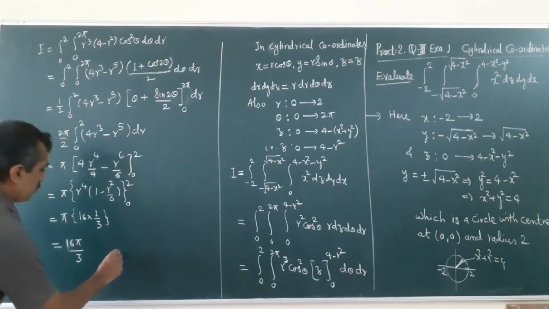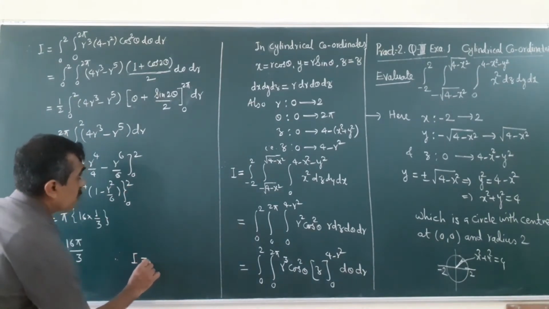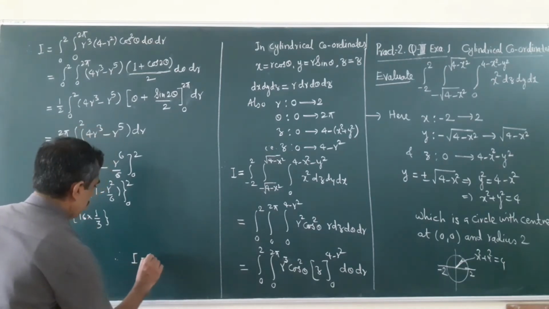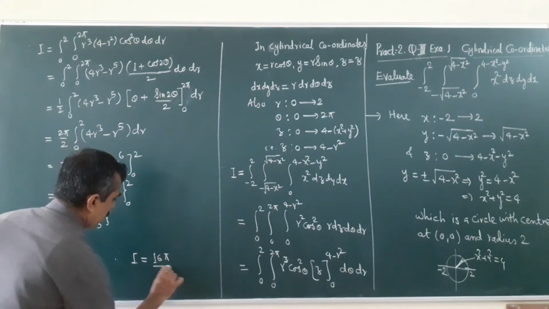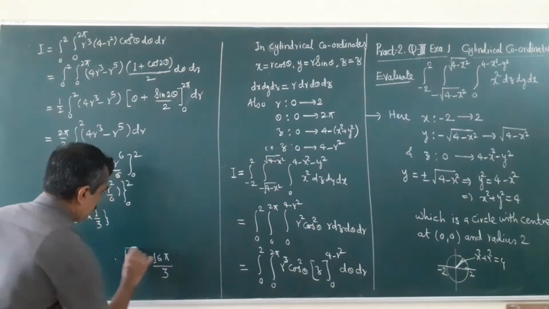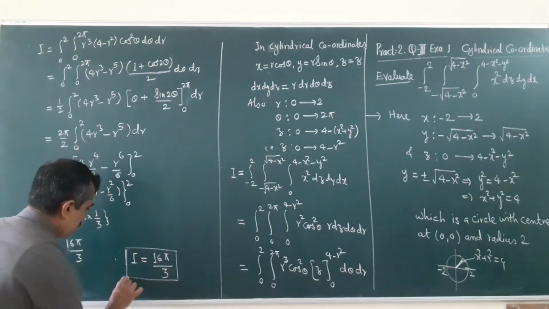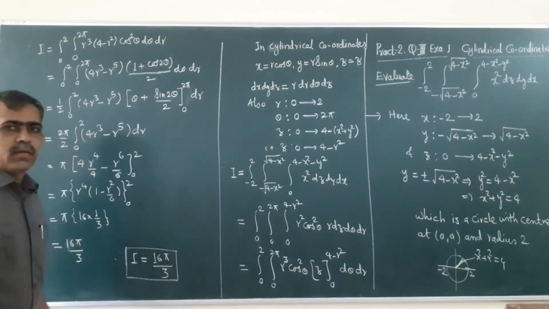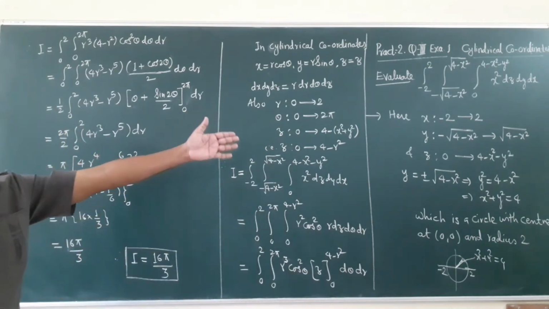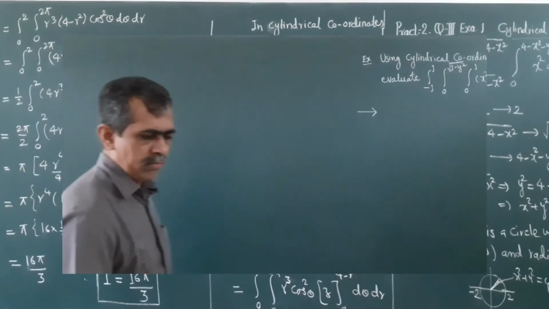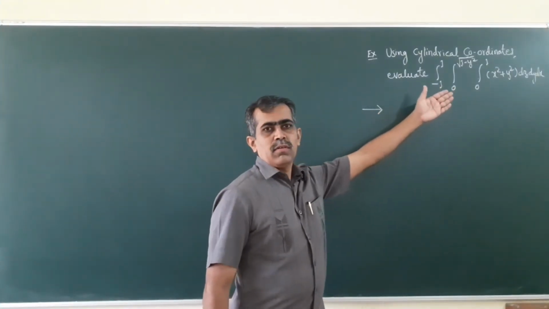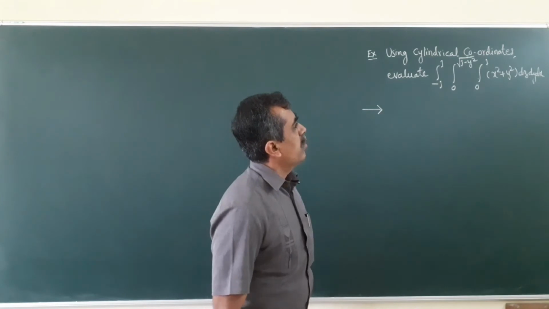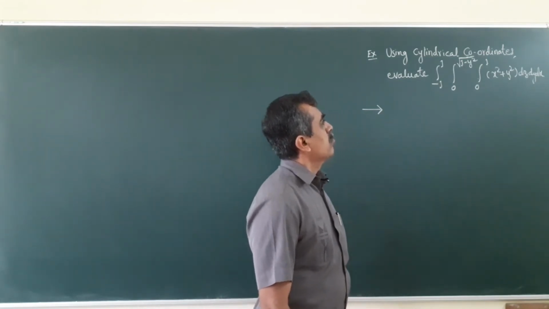So therefore I is equal to 16 pi by 3. This is the final answer of the given problem. Let us see another problem on cylindrical coordinates.